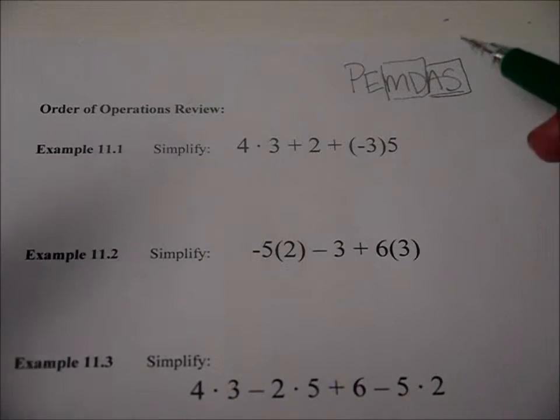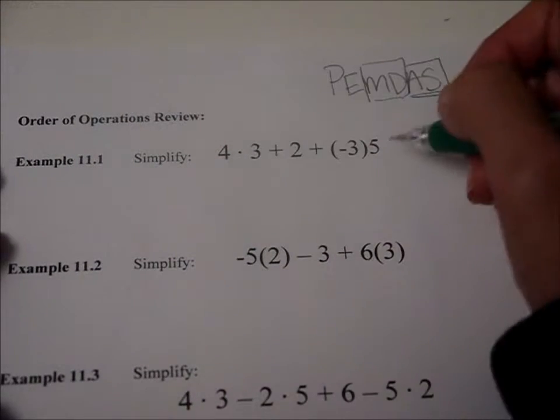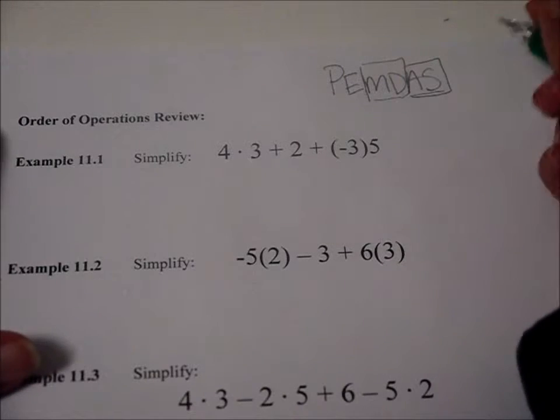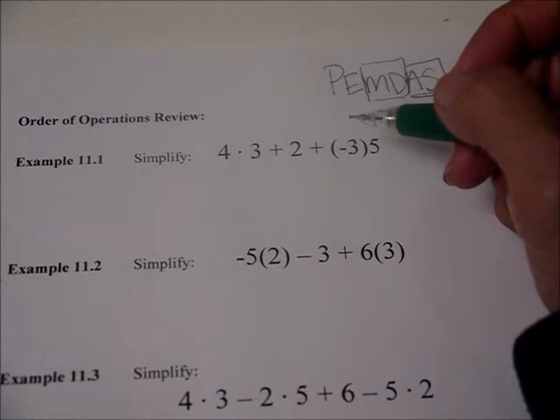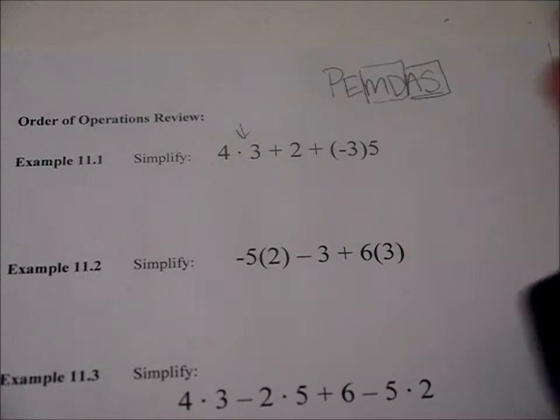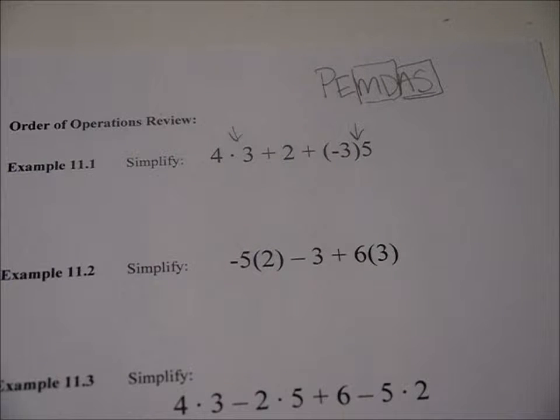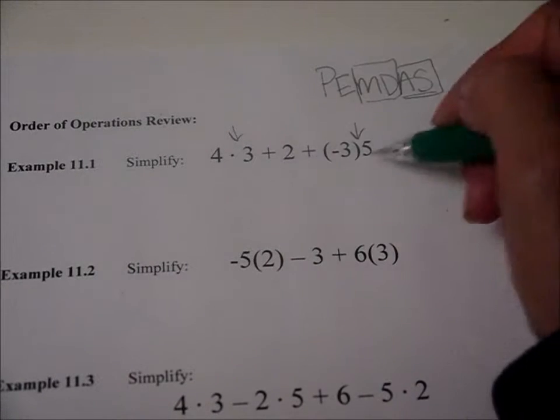So let's just do a few of these and see if it makes sense. I look at this and I'm going to simplify it. First, my eyes scan, and my eyes are directed over into this area and then this area, because I noticed those are multiplication operations, and the rest is addition.